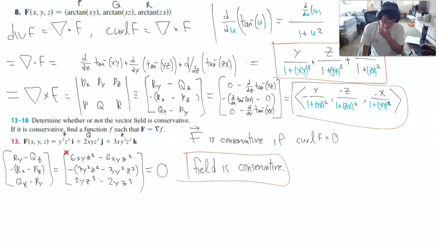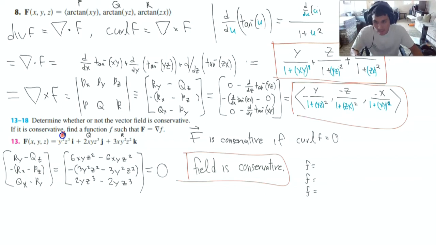Okay, next one. Since it's conservative, we got a little bit more work to do. We got to find f such that little f and its gradient is equal to big F. If you guys don't remember, we can go like this: F, F, and F. And it's kind of like the opposite now.